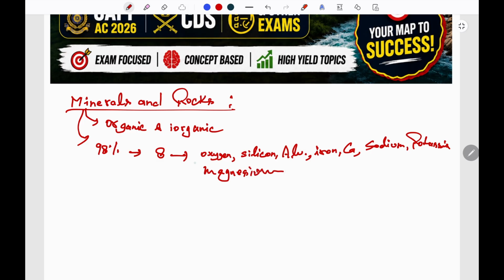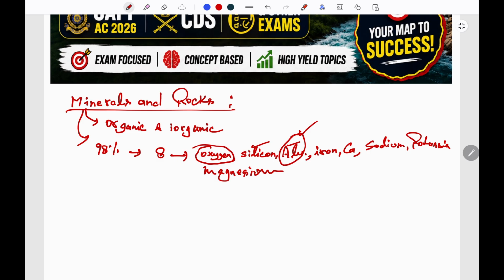So this is in the sequence of their abundance. So oxygen is the most abundant element in the earth crust. Second one is silicon, third one is aluminum. Now if the question appears in the exam like which is the most abundant metal in the earth crust, then the answer will be aluminum.